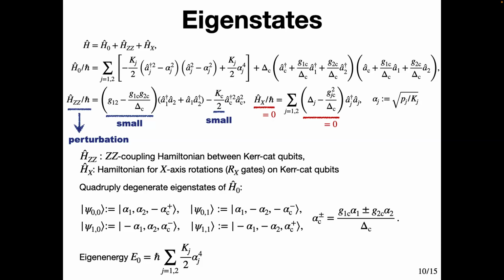So in the zeroth order of perturbation, we have these 4 eigenstates of H0, and these 4 states are quadruply degenerate. And the eigenenergy is given by this.